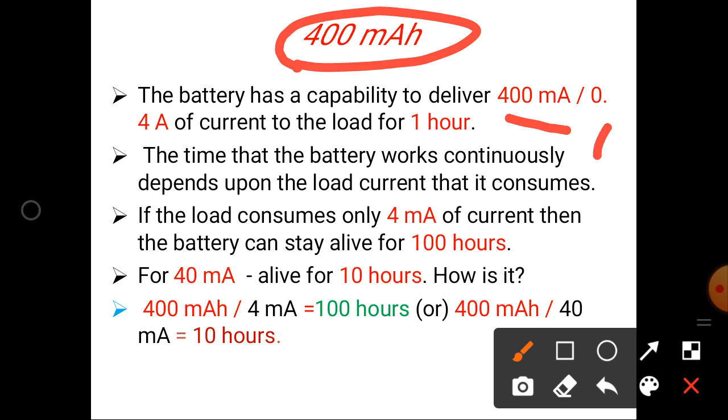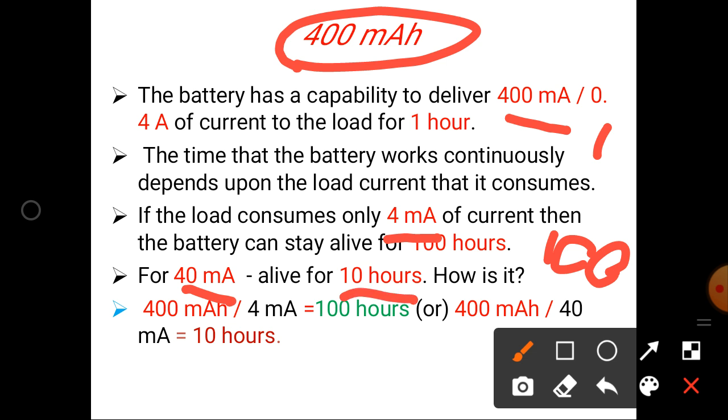For example, if the load consumes only 4 milliamps, the rating of the battery is 400 milliampere hour, so that battery can be used for 100 hours, right? So the battery provides the 4 milliamps for 100 hours. Depending upon the current consumed by the load, the battery provides current for a particular number of hours. Another example: suppose the load consumes 40 milliamps, so the battery will work up to 10 hours, right?